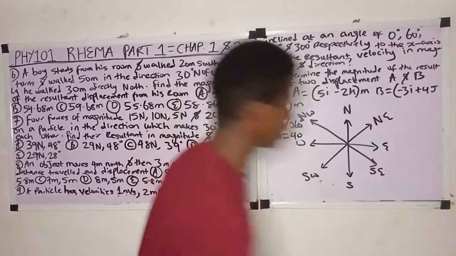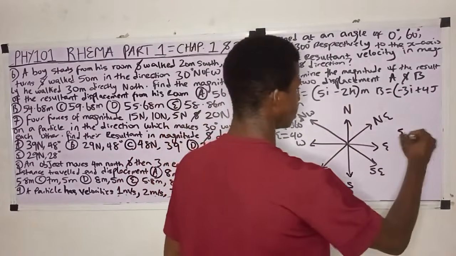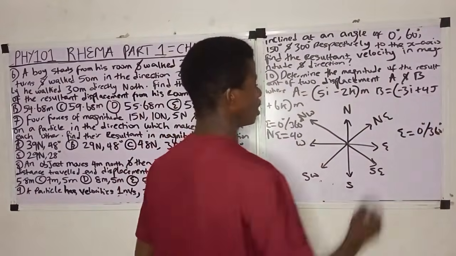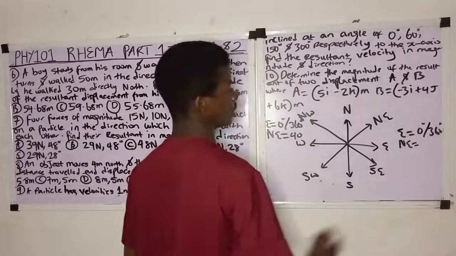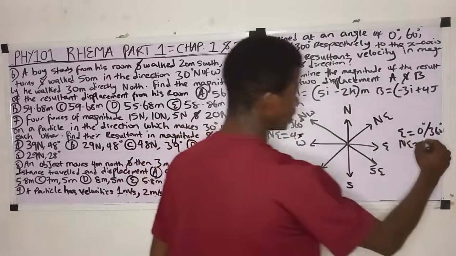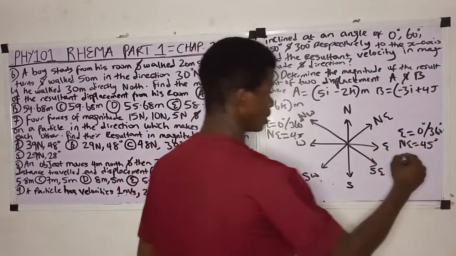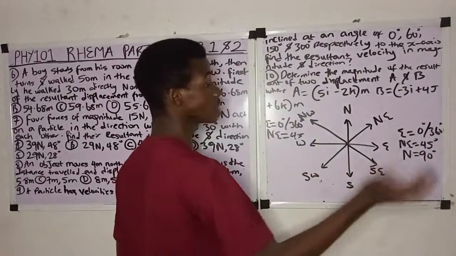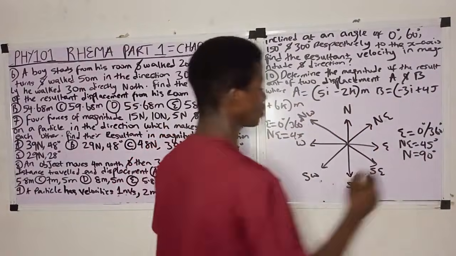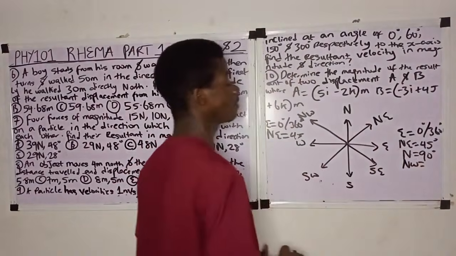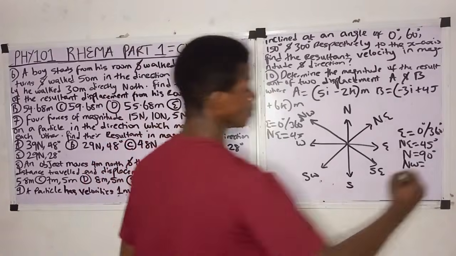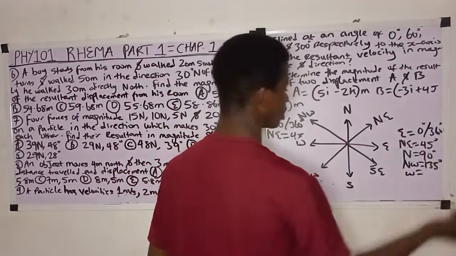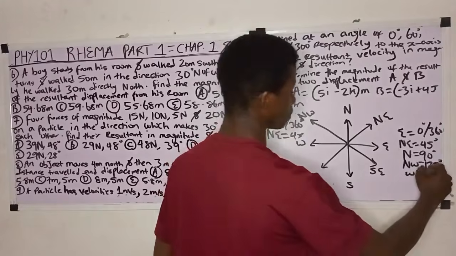Let me write it to the side. East has 0 degrees or 360 degrees. Northeast, please take note, is 45 degrees. North is 90 degrees. Then just keep adding 45. Northwest is 45 plus 90, which gives 135 degrees.